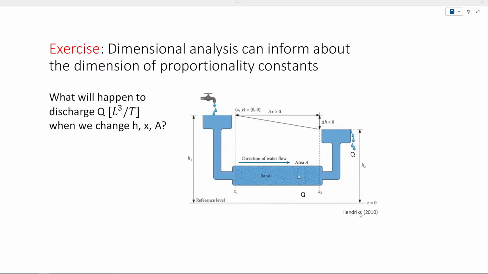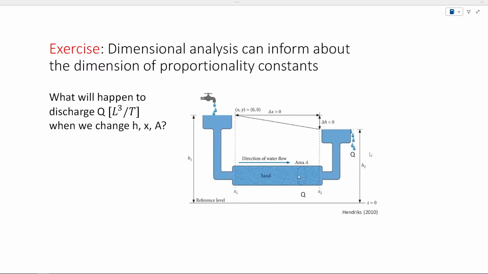Generally, nature does not like this. What nature likes is to reach an equilibrium. It does not like to have high energy here and low energy here. It likes the energy here to be equal to the energy here. And due to this gradient in energy, the water will be pushed and you will have a flow of water from here to here, from high energy to low energy.